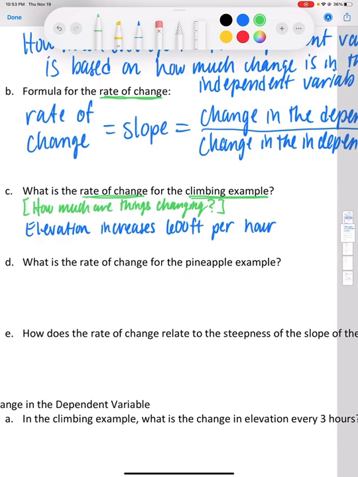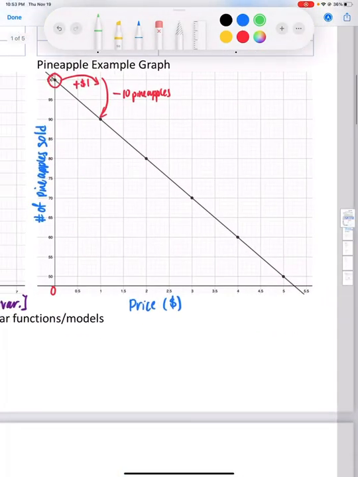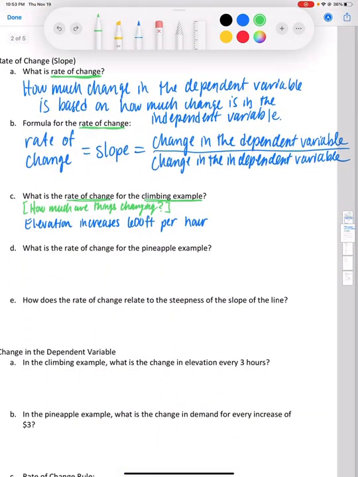What is the rate of change for the pineapple example? Okay, so let's go over to the pineapple example. Again, we kind of did a little bit of analysis here: for every $1 increase, we have 10 pineapples less. So that's what we're going to do in our comment here.